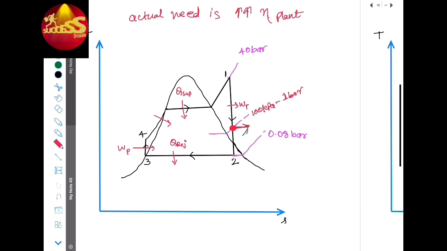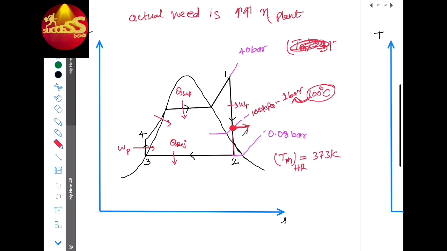what will be the temperature of heat rejection? That is 100 degrees Celsius, which is corresponding to this 1 bar, the saturation temperature corresponding to atmospheric pressure. So T mean of heat rejection will be 373 Kelvin.